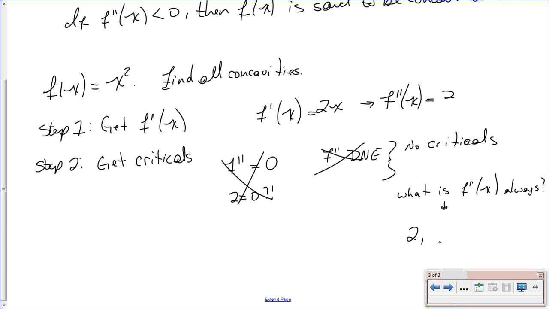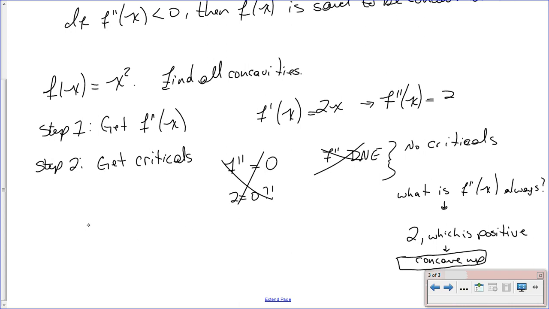And 2 is positive. Since 2 is positive, this graph is always concave up. So that's why we have no criticals.